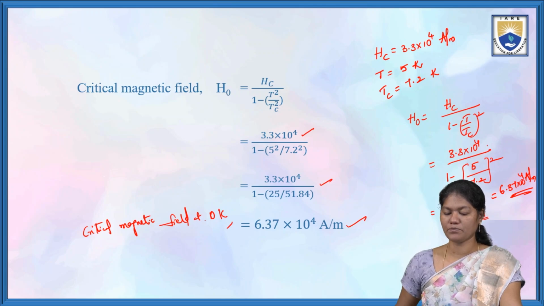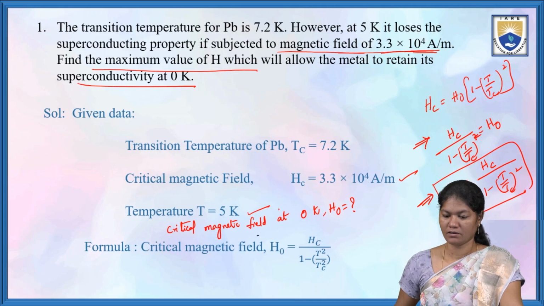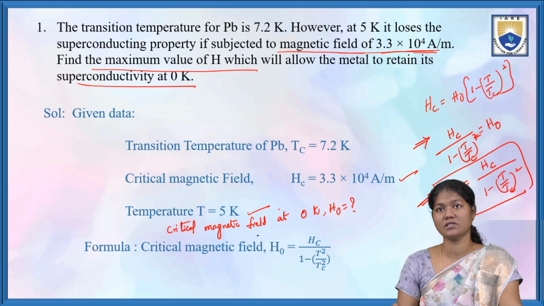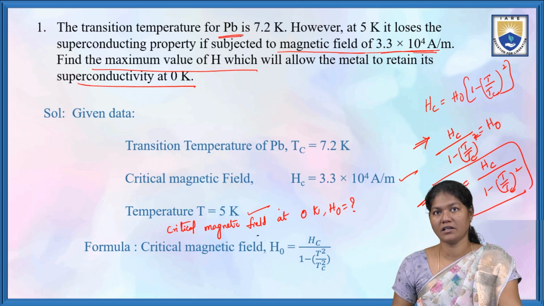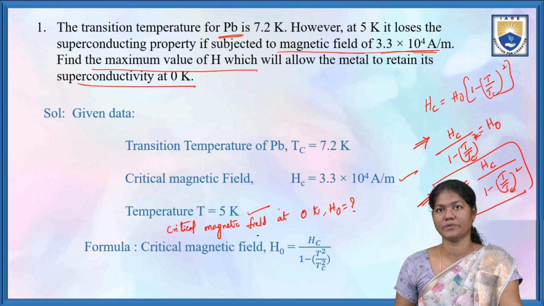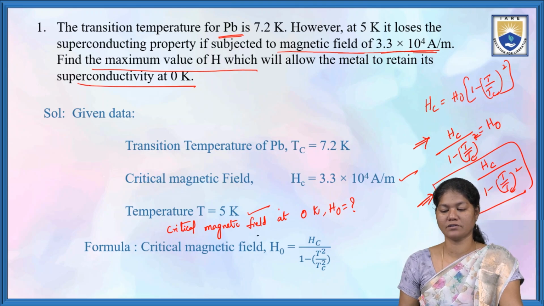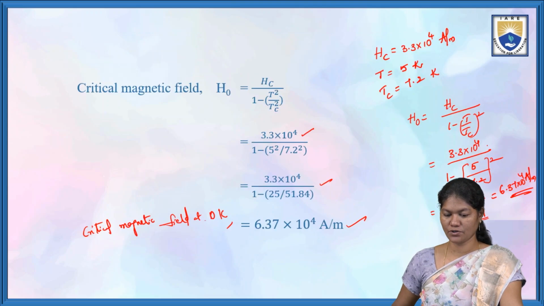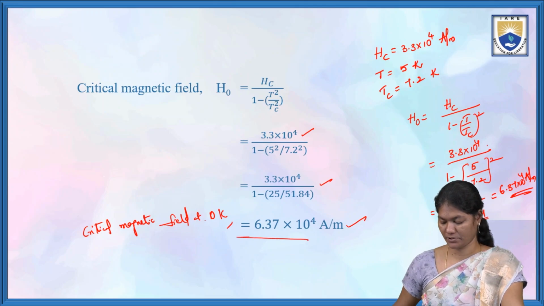Up to this magnetic field, the lead can be retained in its superconducting property. So the maximum value of H at 0 degree Kelvin is 6.37 into 10 power 4 ampere per meter.